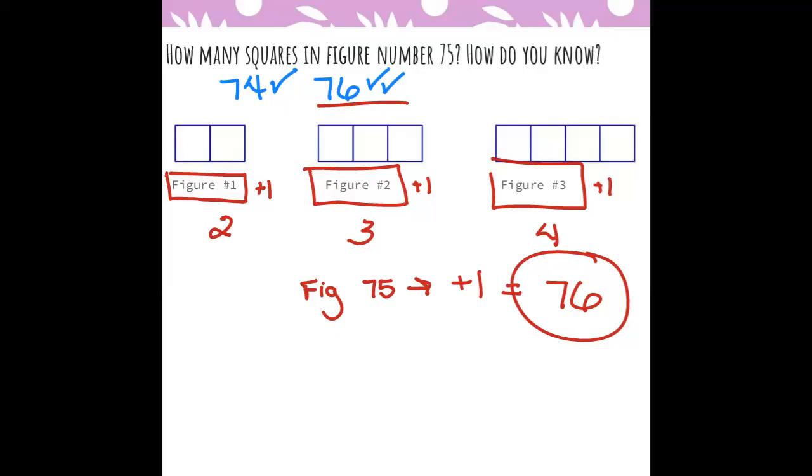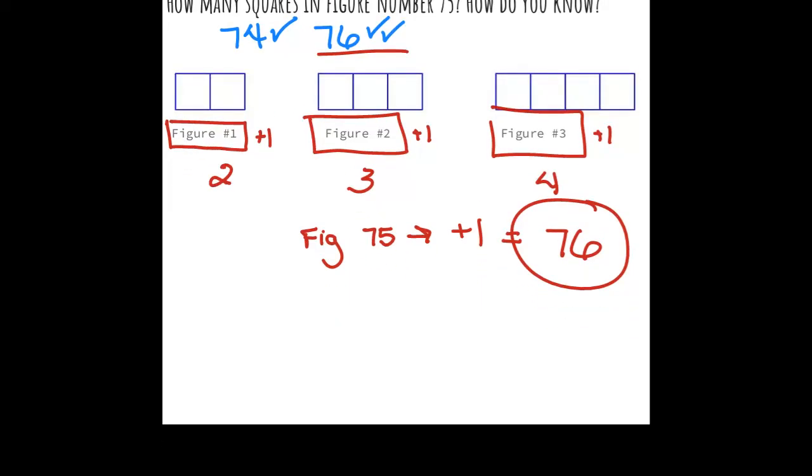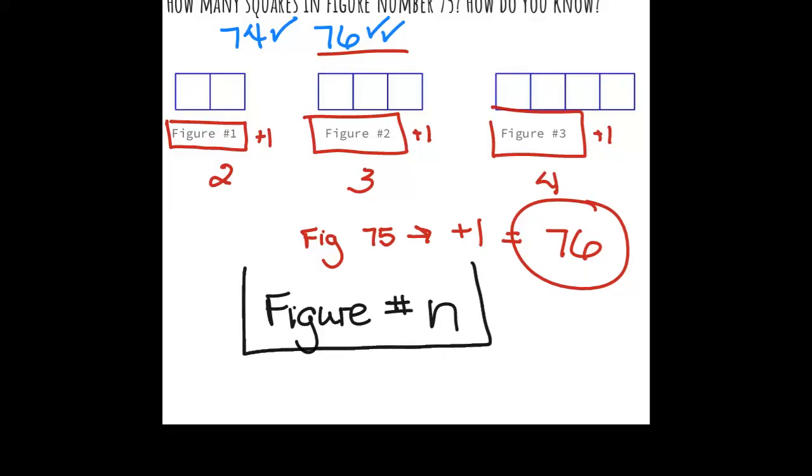Now, are you ready for your minds to be blown? Here's the question. What if I had figure number n? Ooh, now n could be any number that I give you.